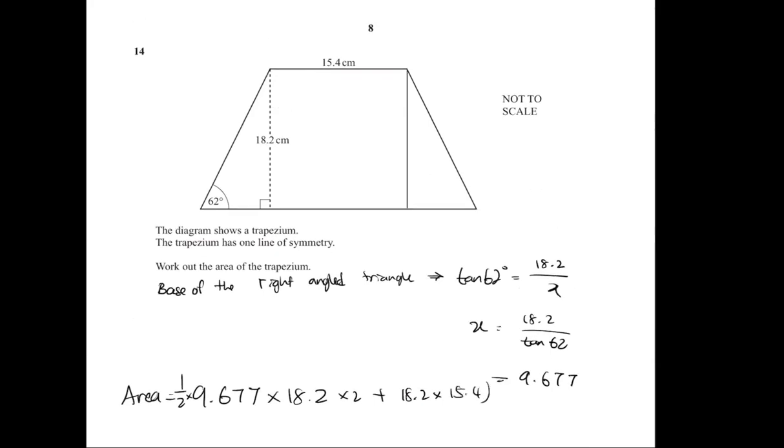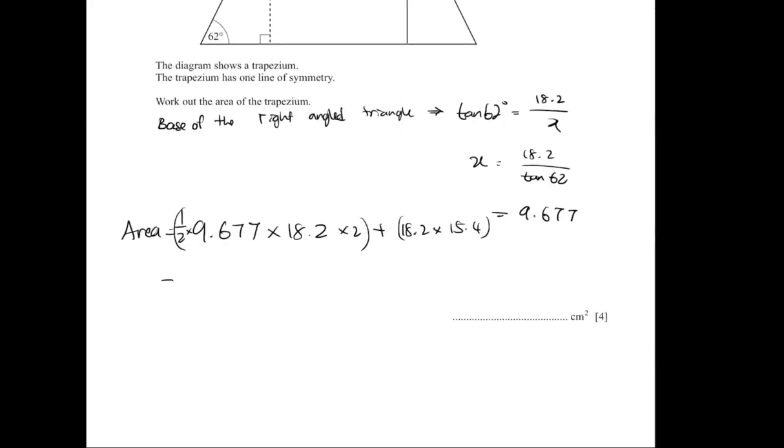So we're going to get 456.4014. You can just put 456 if you want to. If you just put the decimal, there's nothing wrong as well.